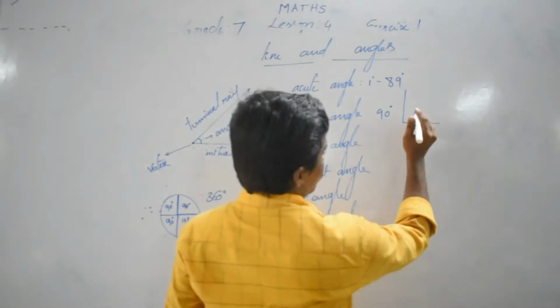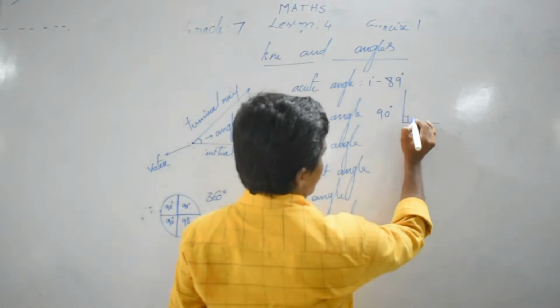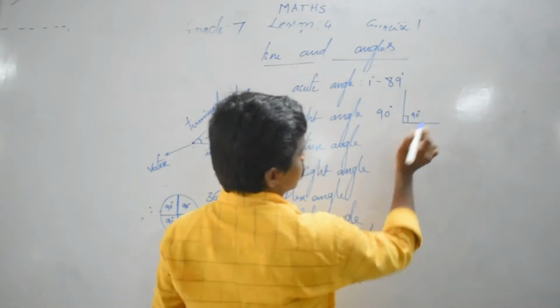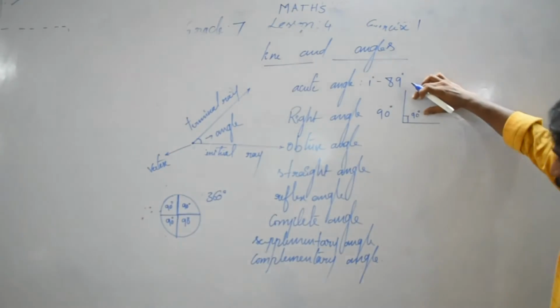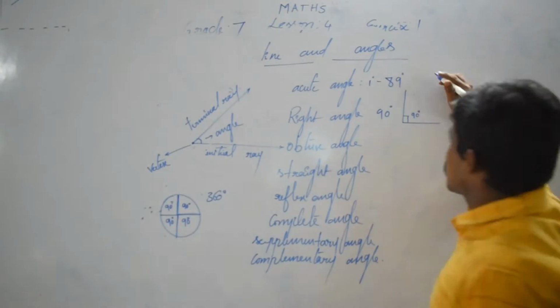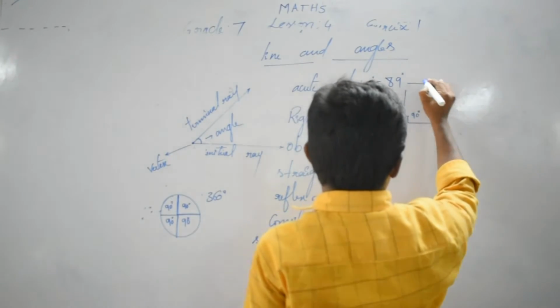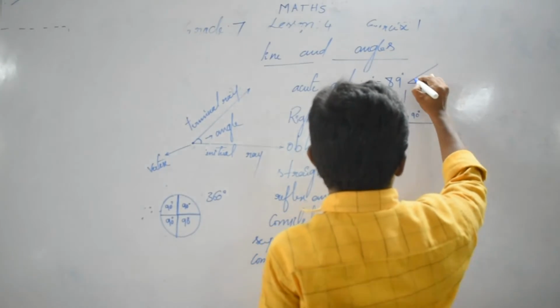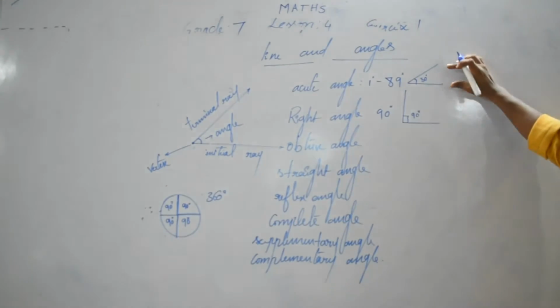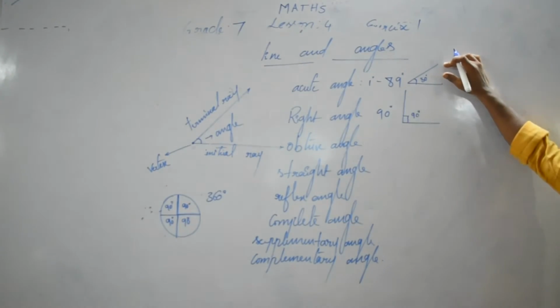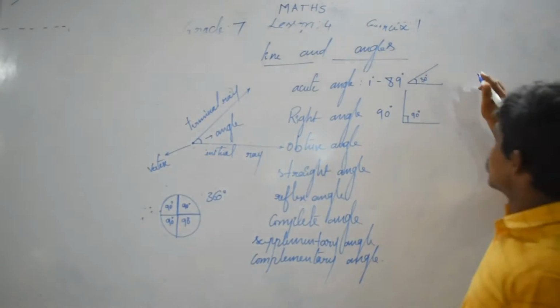So a right angle shows 90 degrees. Now see here, between any line segments, this is 30 degrees. This is called an acute angle. Acute angle, see the next one.